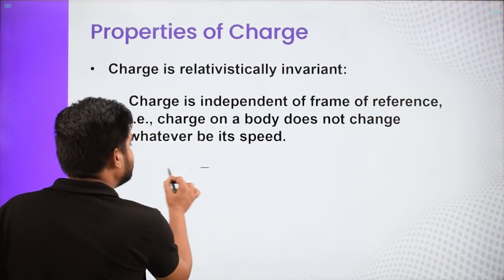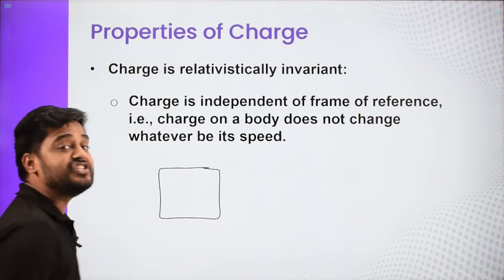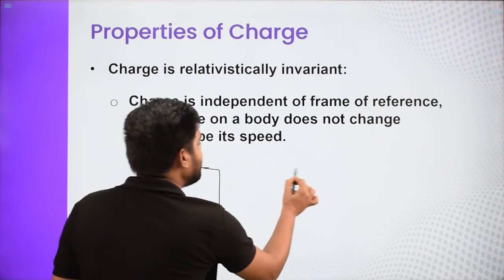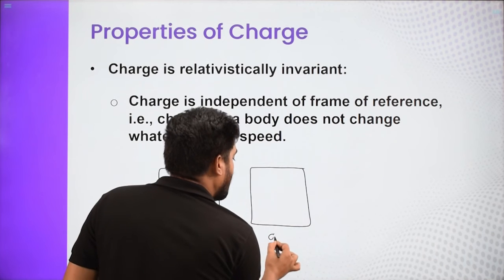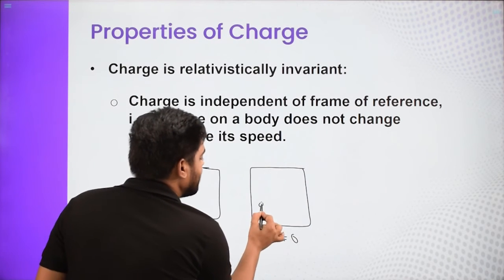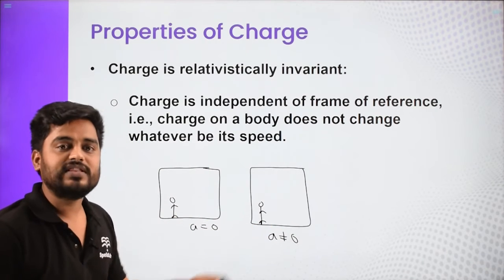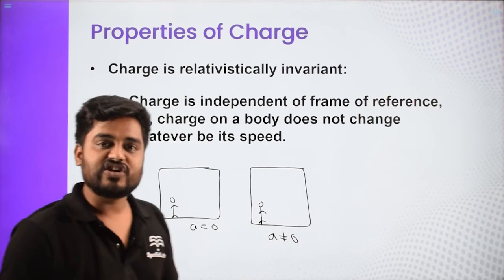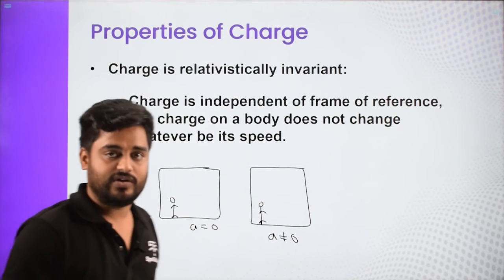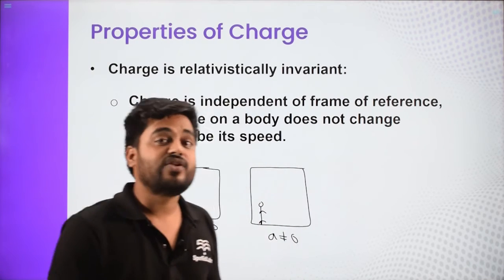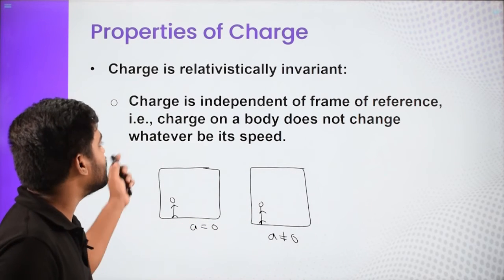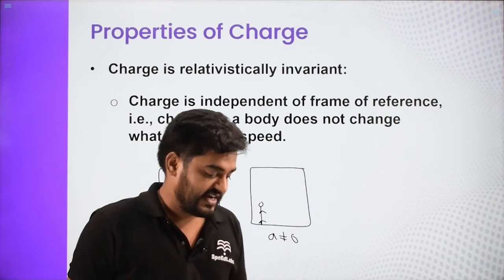Basically, whether you observe from an inertial frame, that is acceleration is equal to 0, or whether you observe from a non-inertial frame, that is the frame is moving with some acceleration, from both the frames of reference, if you are observing some charge, then that charge will have the same amount. The magnitude of charge is not going to change whether you look from this frame or this frame. That's what it means to be relativistically invariant.